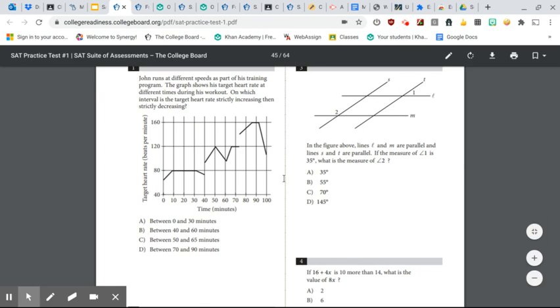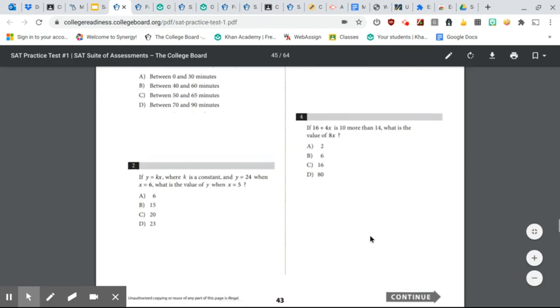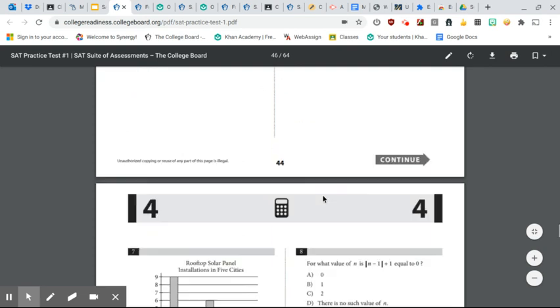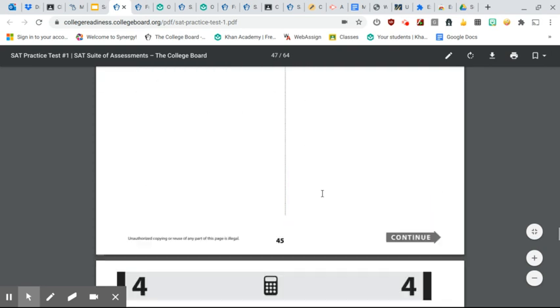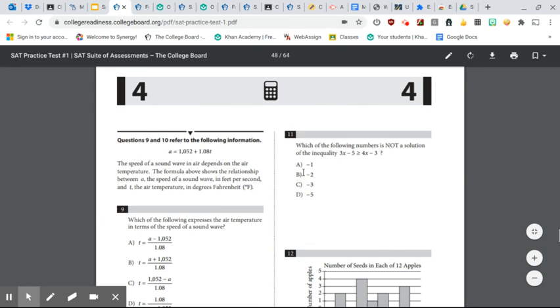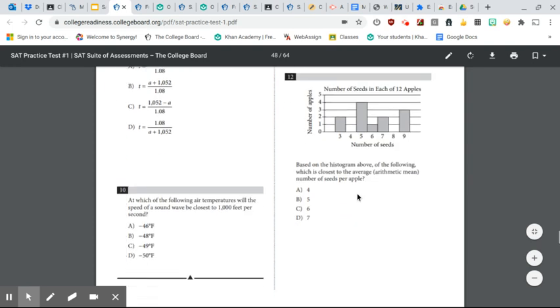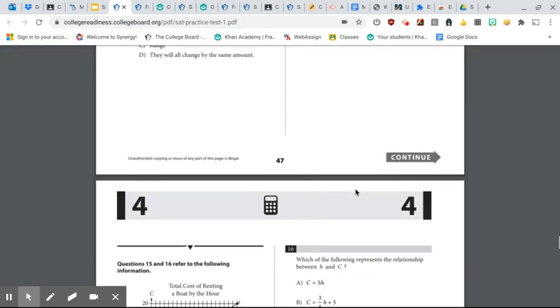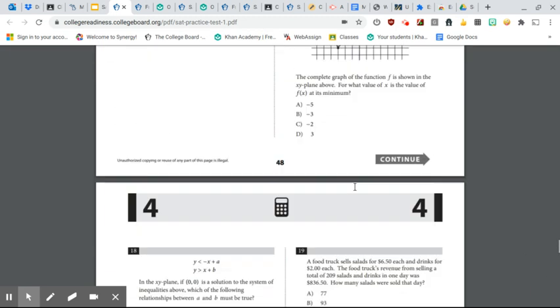You've got your questions with tables and graphs, and you're going to be looking at different kinds here. Sometimes you will have one table that you have to answer multiple questions for, like this one. This is one particular table for which you're going to answer questions 9 and 10.